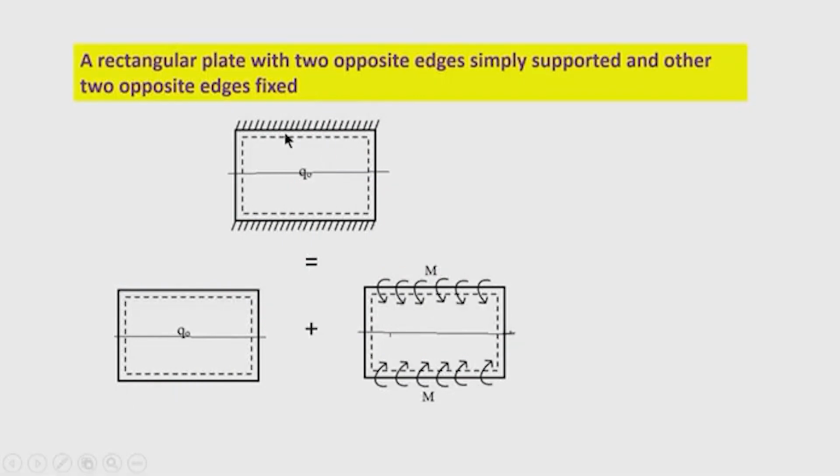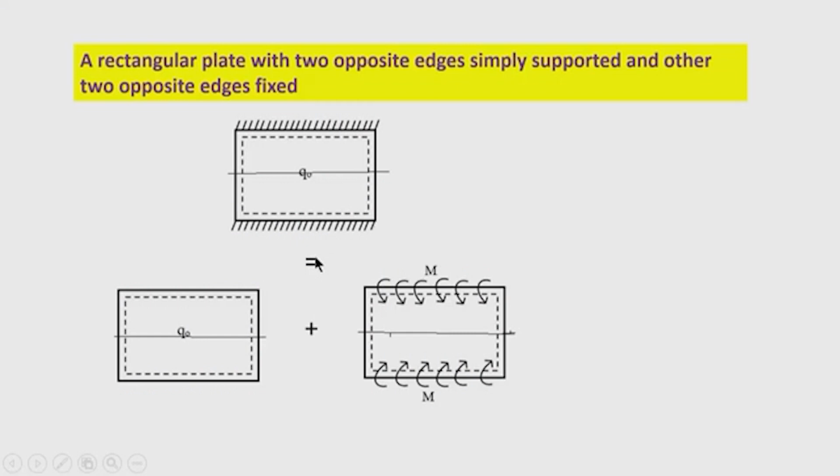Okay. That solution we have already obtained by imposing the boundary conditions at the two opposite edges with the help of the Levy series. But now, we shall try to obtain the similar result with the help of the results obtained in today's class, where we are focusing on the deflection of the plate subjected to edge moment.